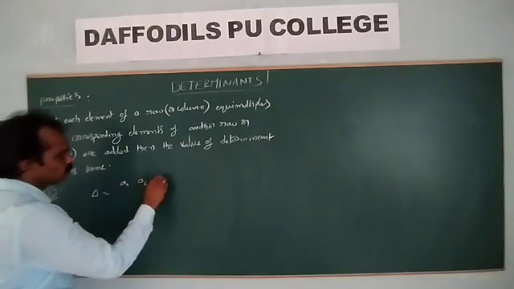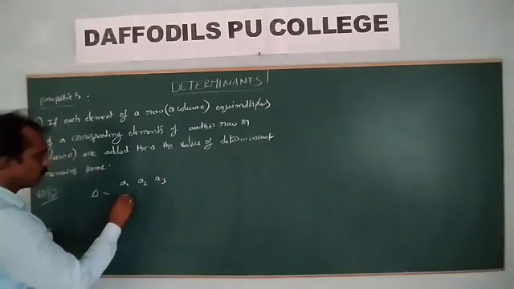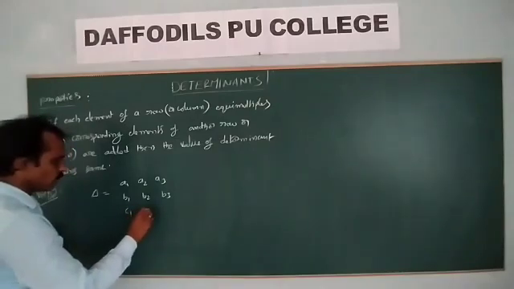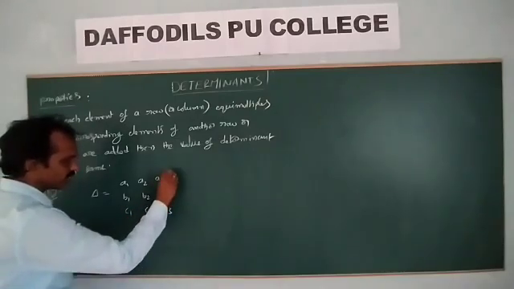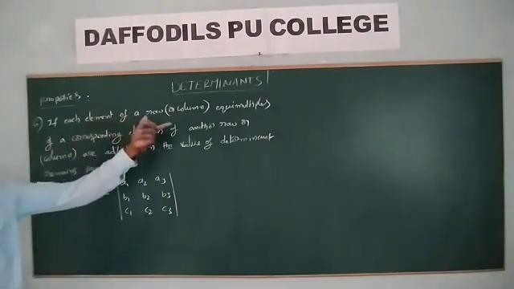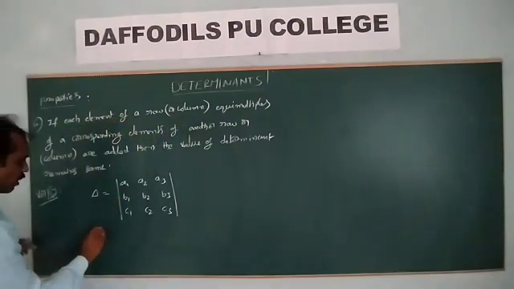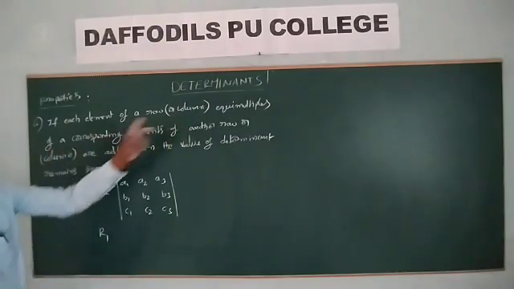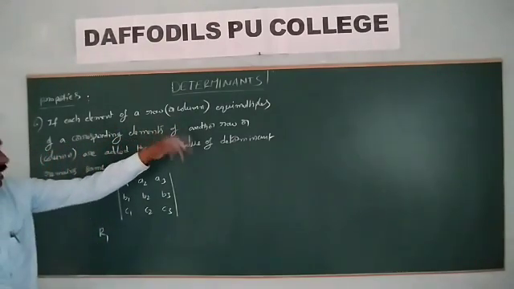A1, A2, A3, B1, B2, B3, C1, C2, C3. So what does this mean? If each element of a row or column, suppose I take R1, is added with equal multiples of the corresponding elements of another row.